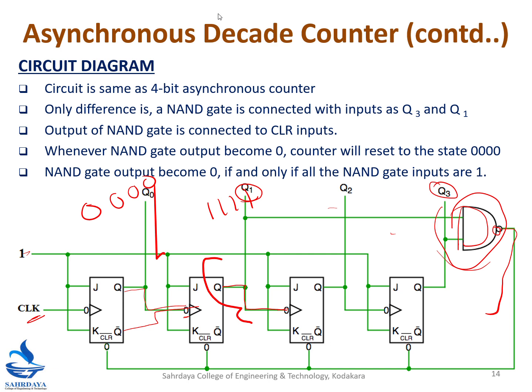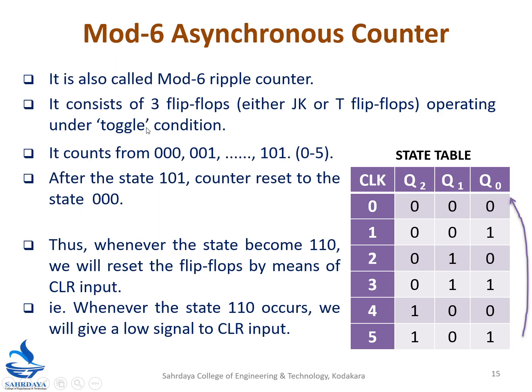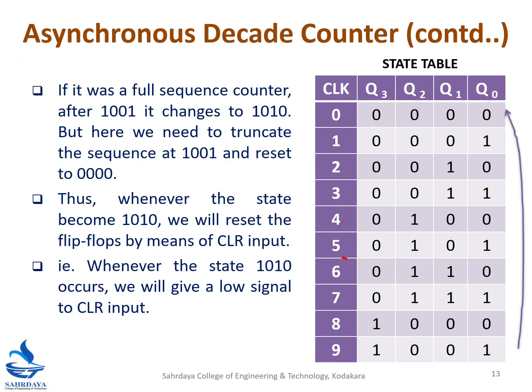So here various states are like this: 0, 0, 0, 0 up to 1, 0, 0, 1. After 1, 0, 0, 1, the next state of this counter is 1, 0, 1, 0.